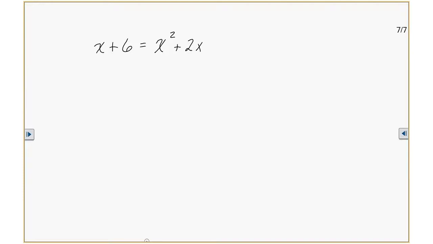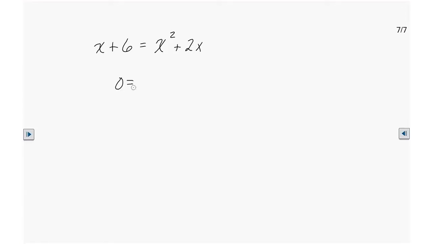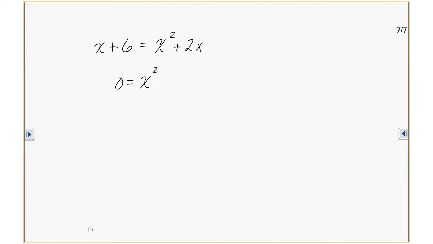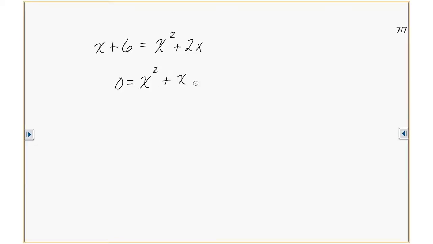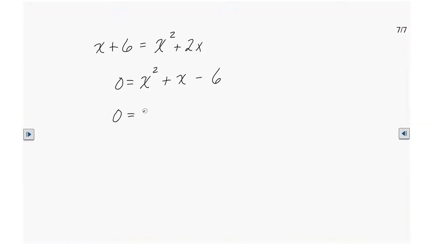The only thing I can do here is get a quadratic set equal to 0. x squared, what is 2x minus x? Be a positive x, and minus 6. You can use reverse FOIL if you want to, if it'll factor. 2 and 3, yeah. 0 is equal to x squared.